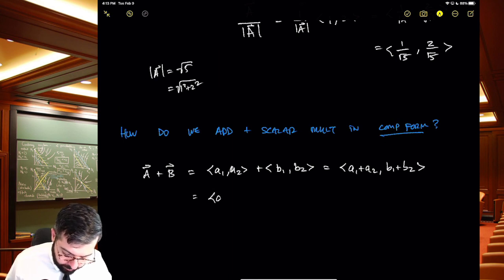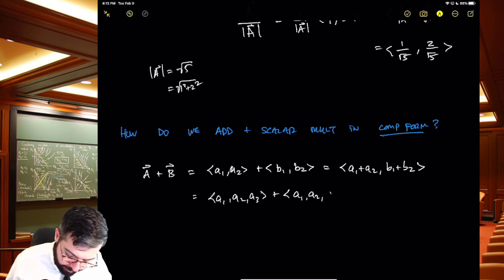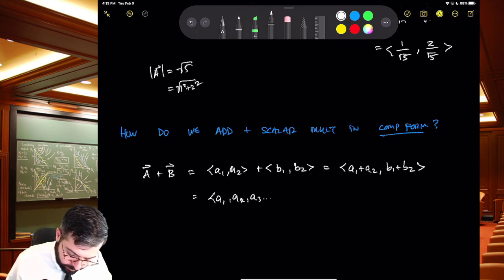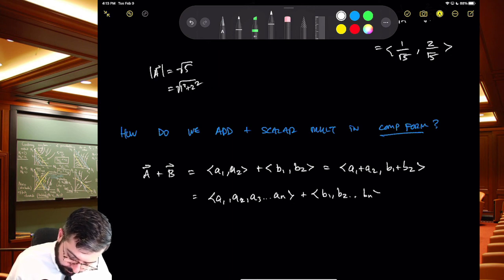Okay, and if it were 3-dimensional, all this holds up. And what's good about this, oops, a little error there, I'll actually write it like this. This holds up to n dimensions. What you do is you add the components for each slot.